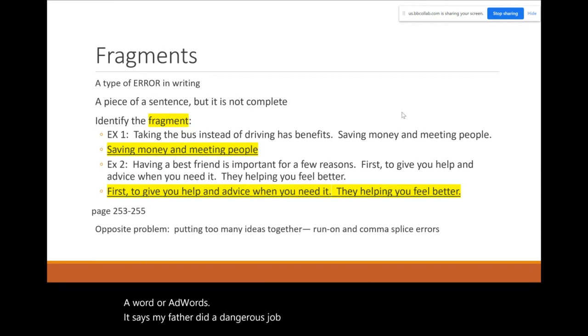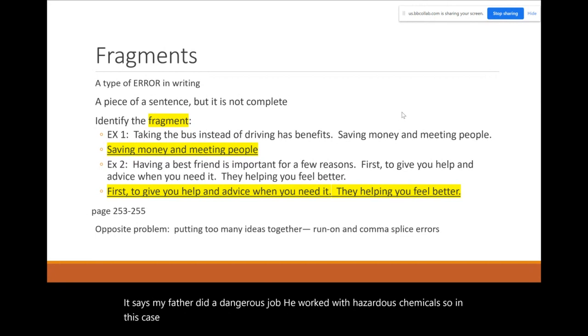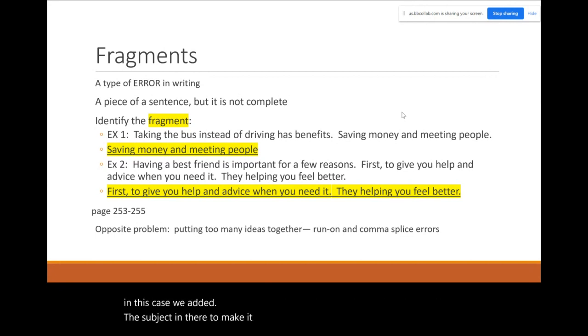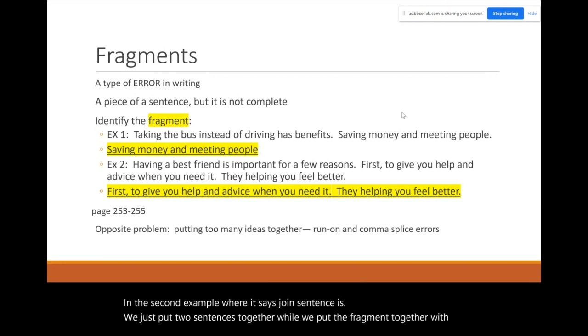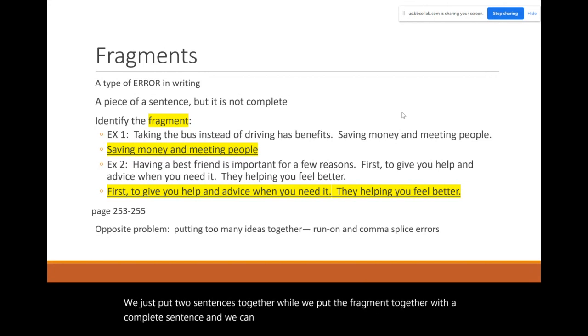He worked with hazardous chemicals. So in this case, we added the subject in there to make it a complete sentence. In the second example, where it says join sentences, we put the fragment together with a complete sentence, and we can make one sentence.